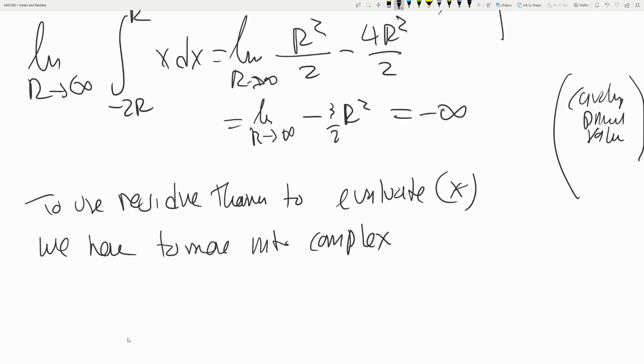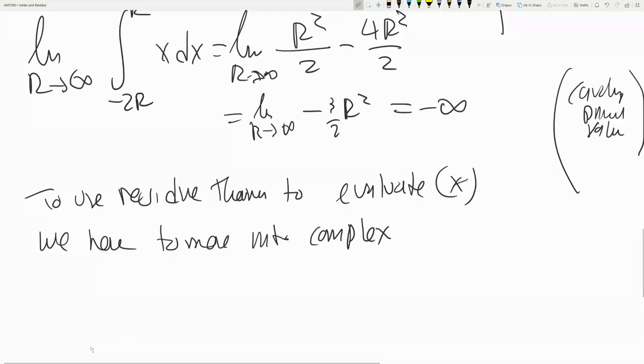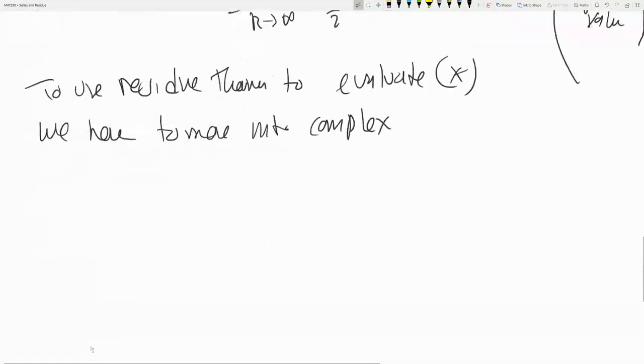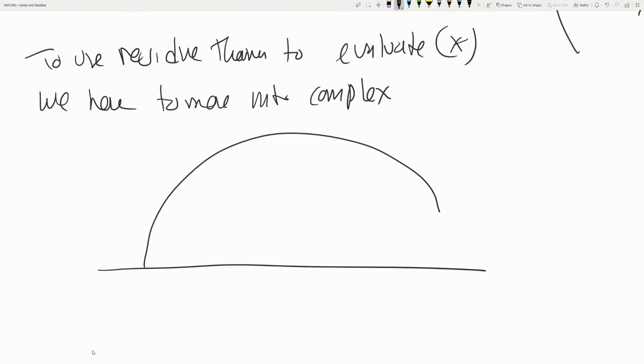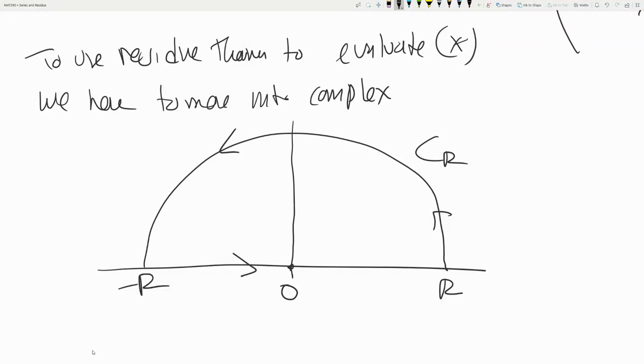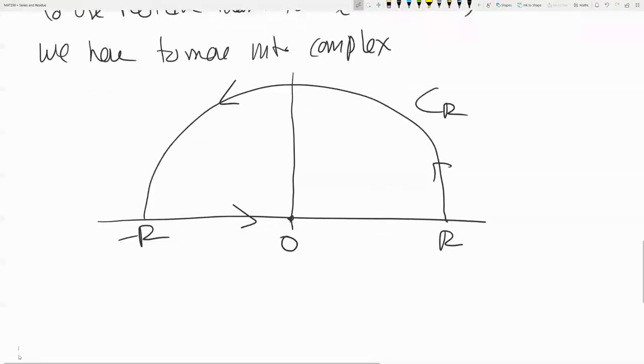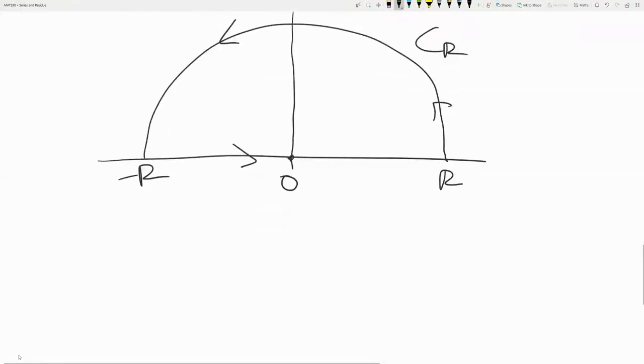Okay, let's see. Good. So here's the trick. Consider the following contour: at 0, minus R, R, and this is a semicircle. So now we're in the complex, right? Let me write it as gamma R if you like.